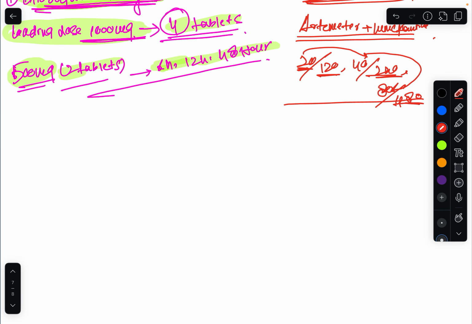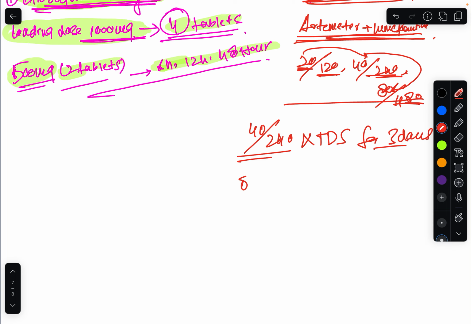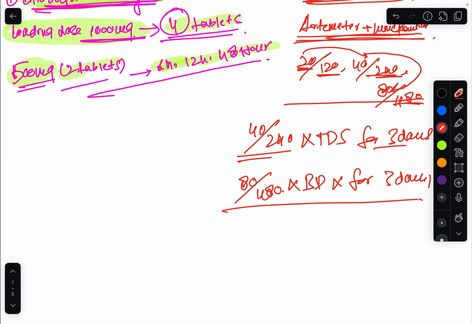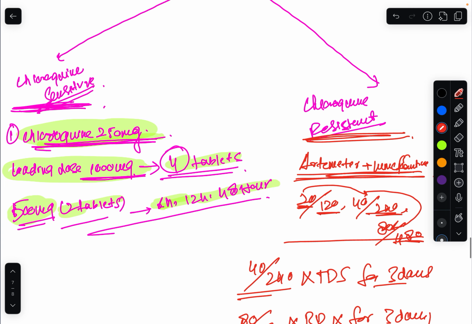So if the plasmodium is chloroquine resistant, then we give artemether lumefantrine. If we are choosing the 40 into 240 combination, then we should give it TDS for 3 days. If we are choosing the 80 into 480 combination, then it is given BD for 3 days. So this is how we treat plasmodium which is chloroquine resistant.